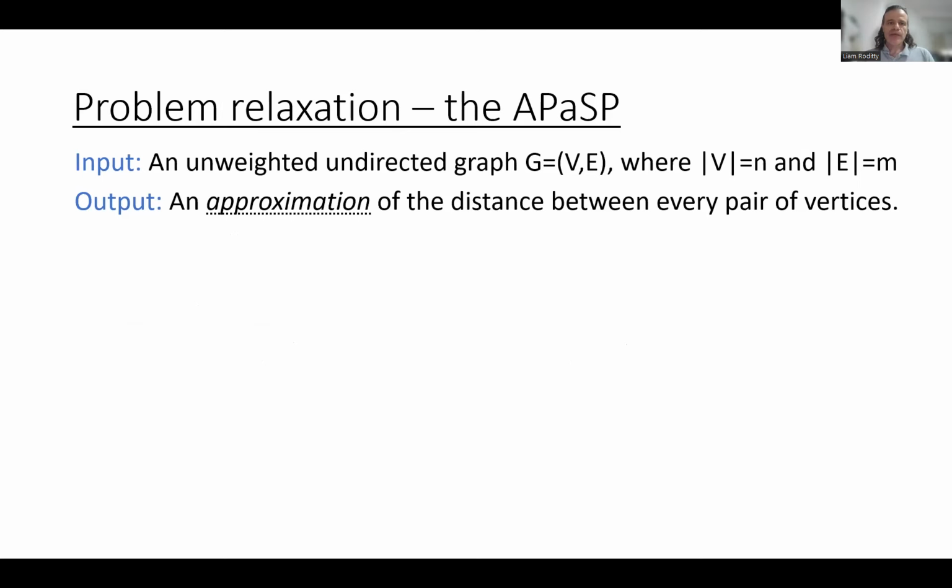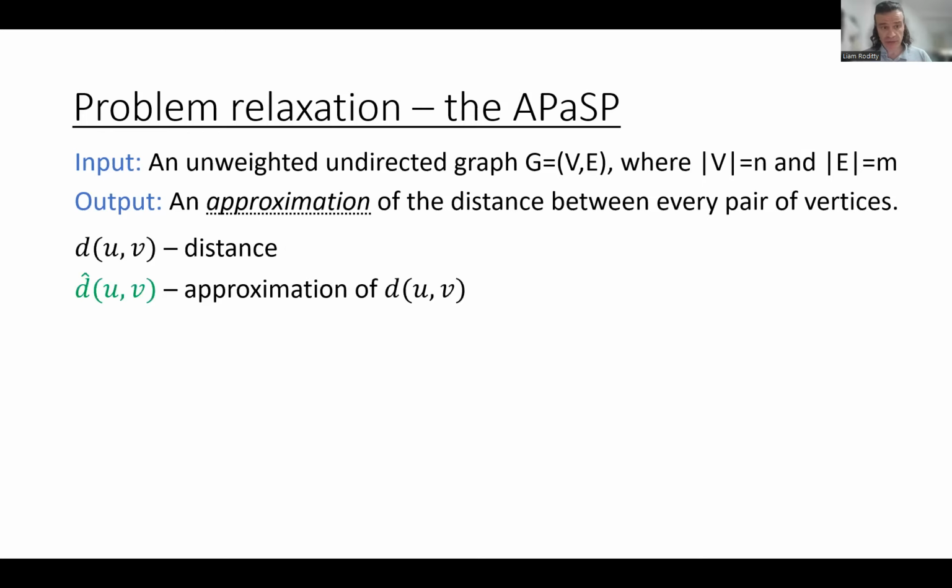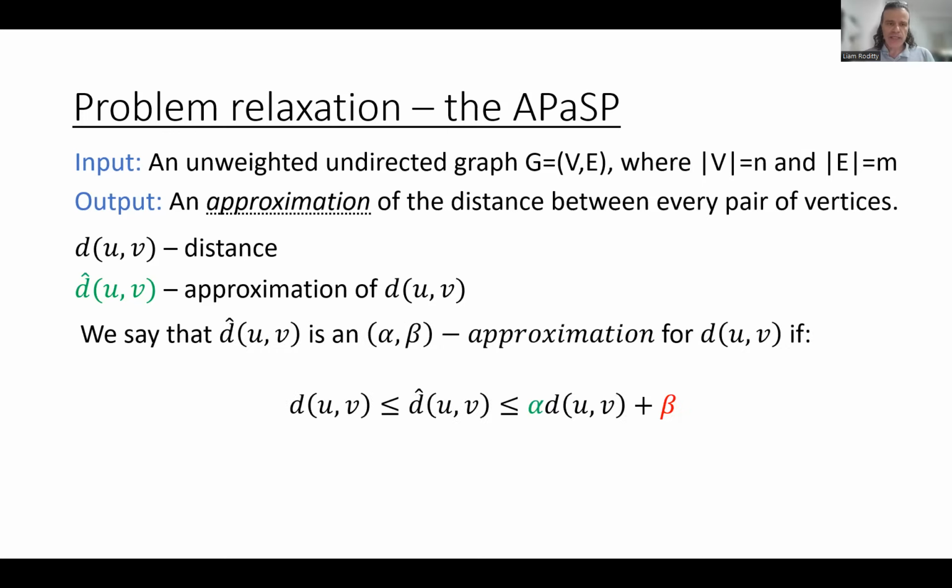So people consider a problem relaxation, the all pairs approximate shortest path, where the input is the same, but the output is a matrix that contains an approximation between every pair of vertices, where by approximation we mean instead of computing D(U,V), where we omit G because it's clear from the context, we compute hat D of UV, and we say that it's an alpha beta approximation if it is at least the distance and at most alpha times the distance plus beta.